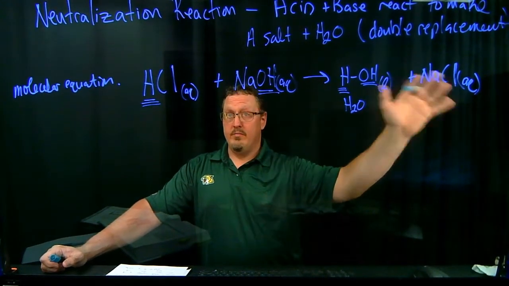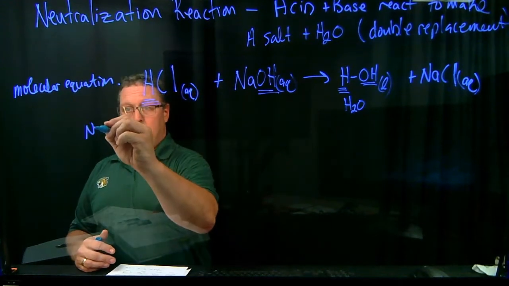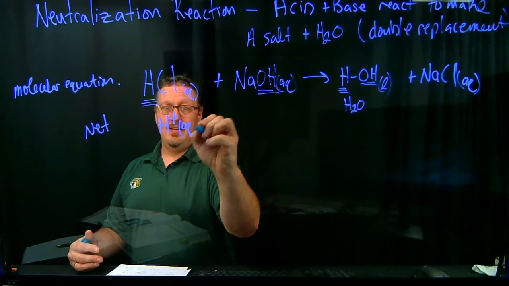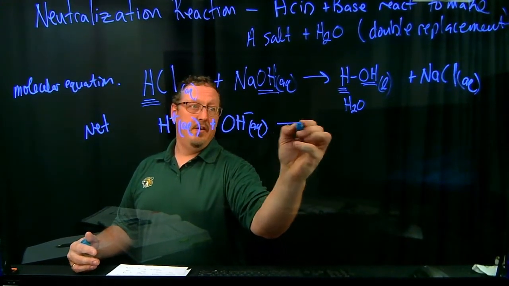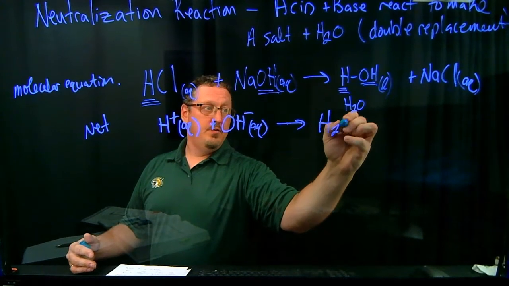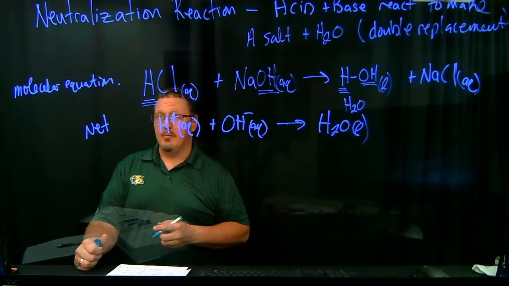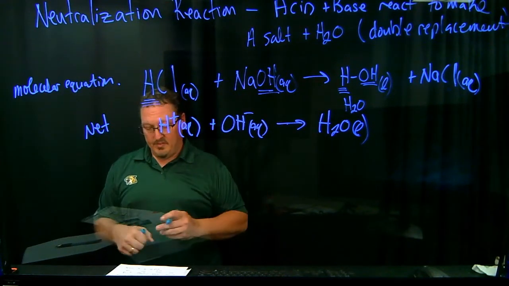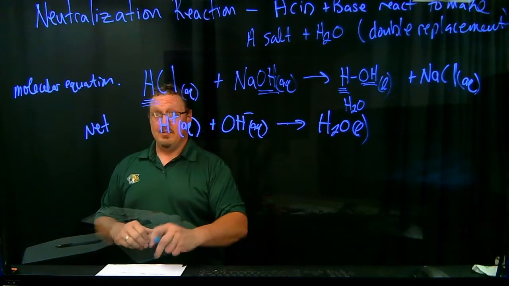So when I remove the spectator ions and I write the net ionic equation, what I really have is H plus in the aqueous phase plus OH minus in the aqueous phase makes H2O as a liquid. So that's really what's happening chemically in this reaction. And that's what we would see in any net ionic equation of a neutralization reaction.